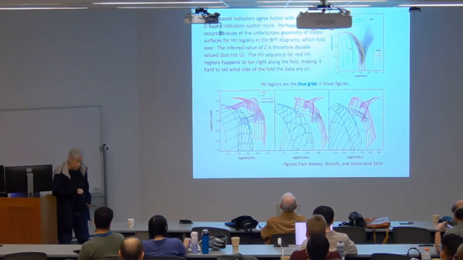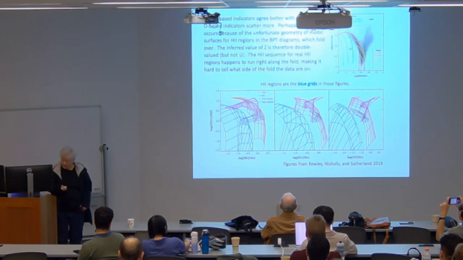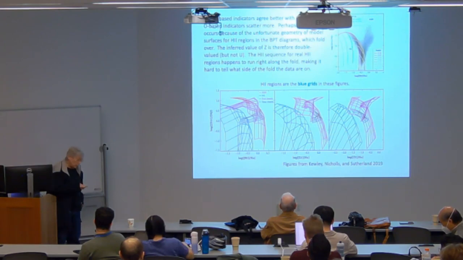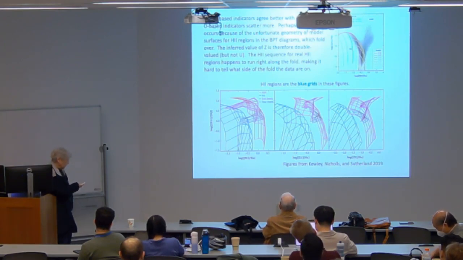So what I want to say in the last couple of slides is that I'm worried about oxygen measurements, and is there a reason why we should be worried about them? Maybe there is.